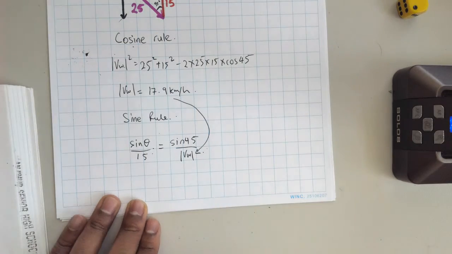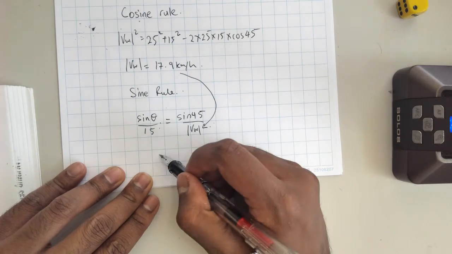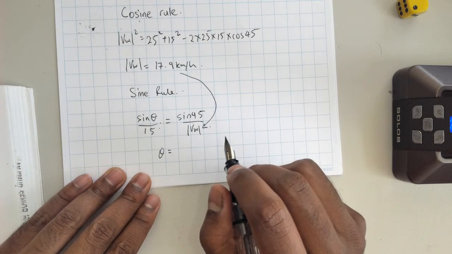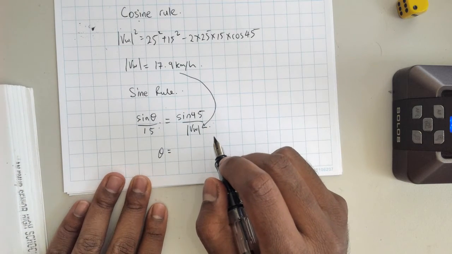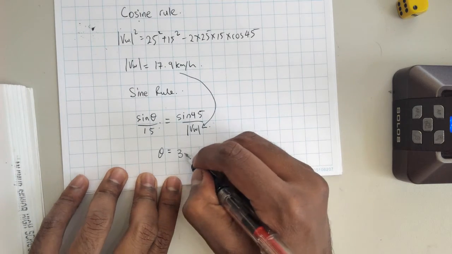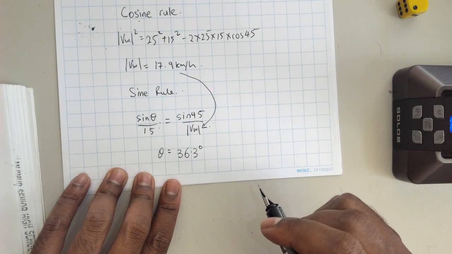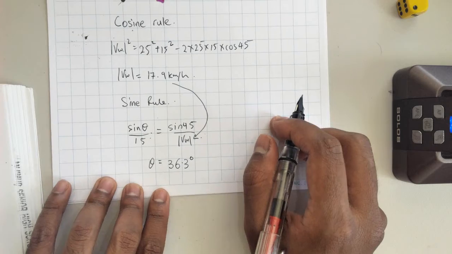Alright, let's solve for theta. You can use your class pad or your calculator, and here's what you'll get. You get 36.3 degrees.